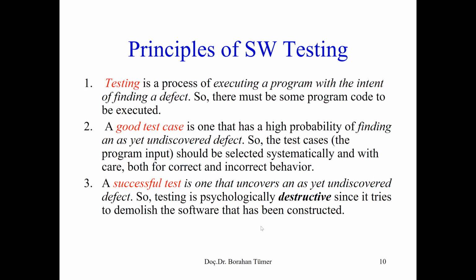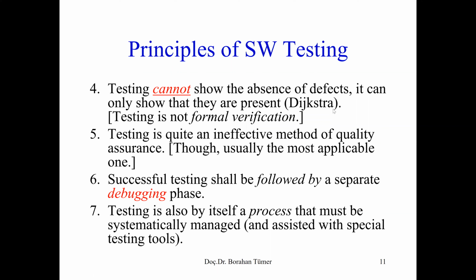This also tells us that if a software product has passed all tests that we applied, that doesn't mean that it is free of bugs. It still may have bugs that we failed to uncover.